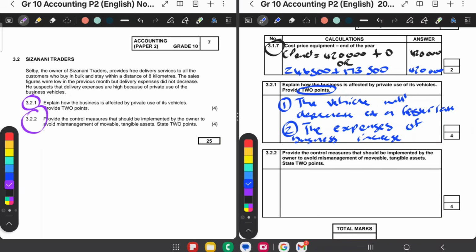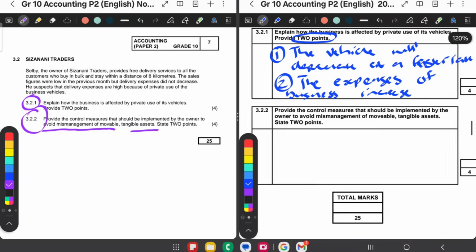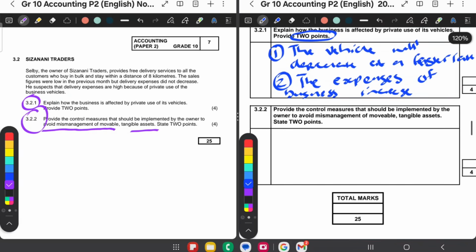3.2.2 says, provide control measures that should be implemented by the owner to avoid the mismanagement of movable or tangible assets. Okay, so internal control measures. So control measures, 2 points. So number 1, you can sign in and out when you use the vehicle.